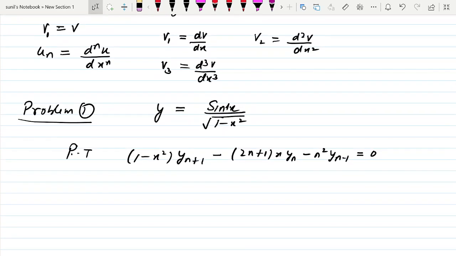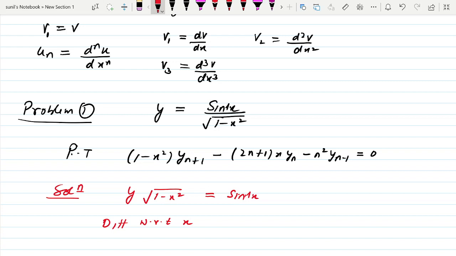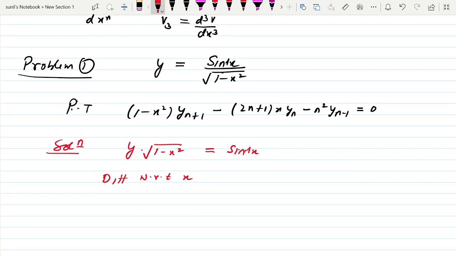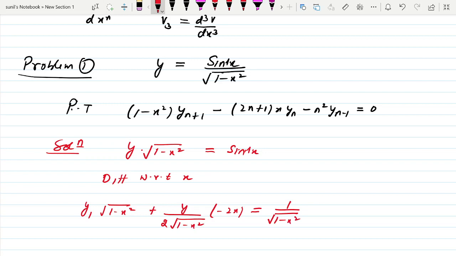Now see. Can we write the solution something like this: y equals, just shifting the terms this way, root 1 minus x square times y equals sine inverse x. Now differentiating with respect to x, on the left hand side we are going to apply the product rule. It's y1 over root 1 minus x square plus y over 2 root 1 minus x square into minus 2x by chain rule, and its derivative on the right hand side is 1 over root 1 minus x square.